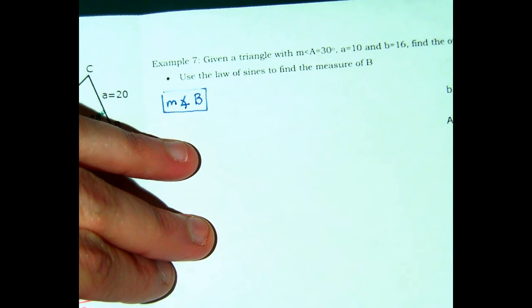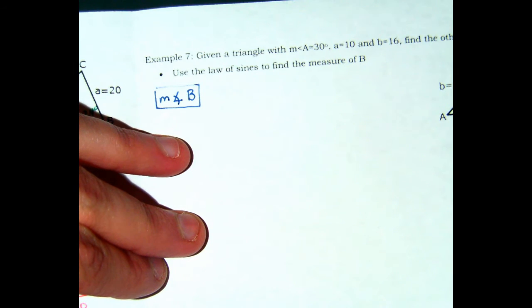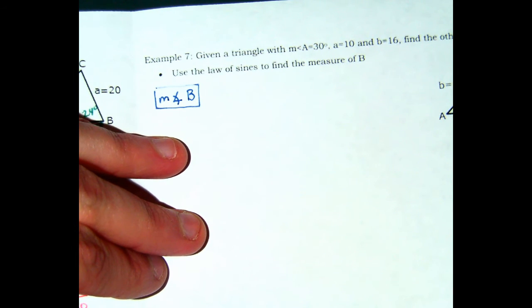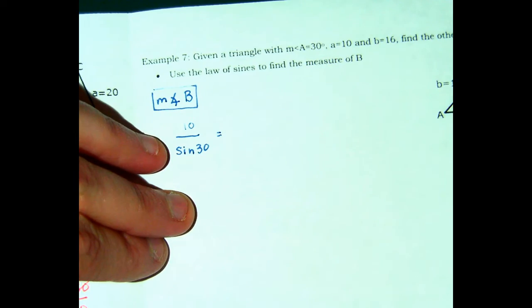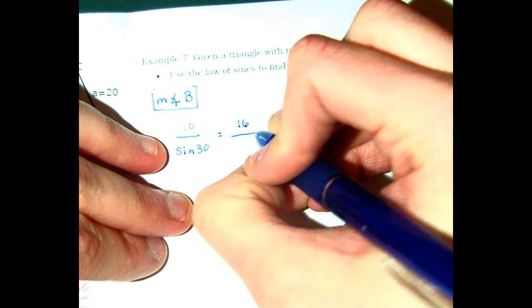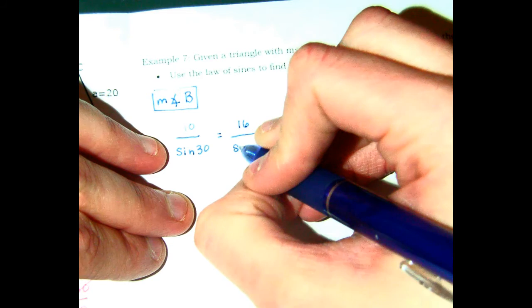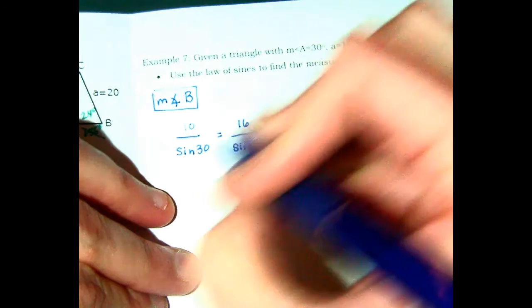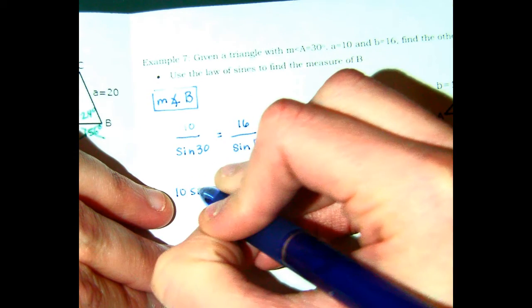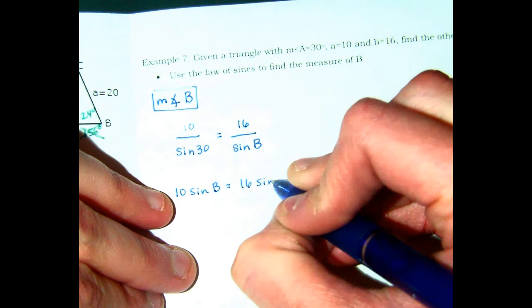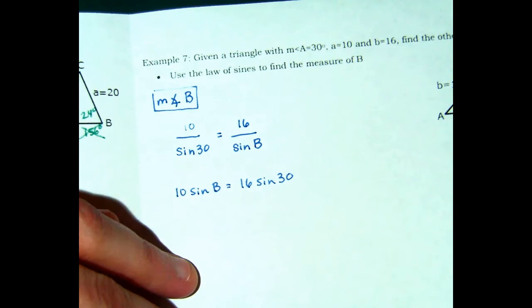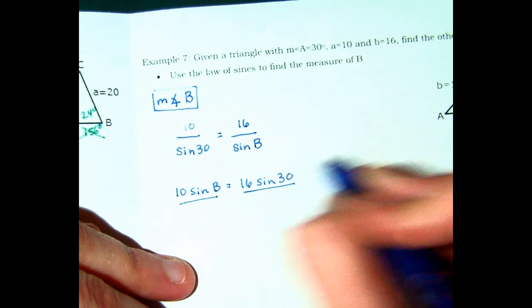Alright, the measure of angle B. What are we going to set up again? 10 over sine of 30, they haven't changed that yet, equals 16, haven't changed that either, over sine of B. It's not different. Cross multiply. 10 sine of B equals 16 sine of 30. What are we going to divide by?